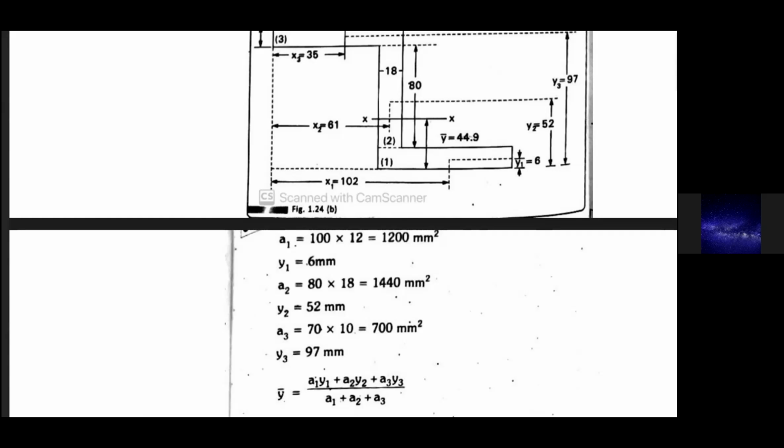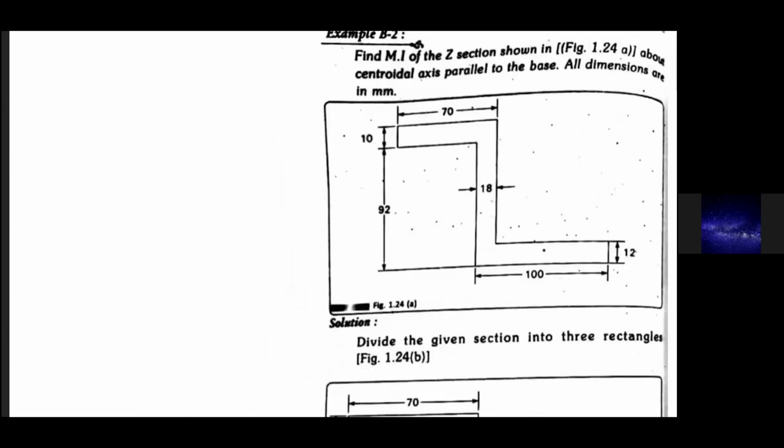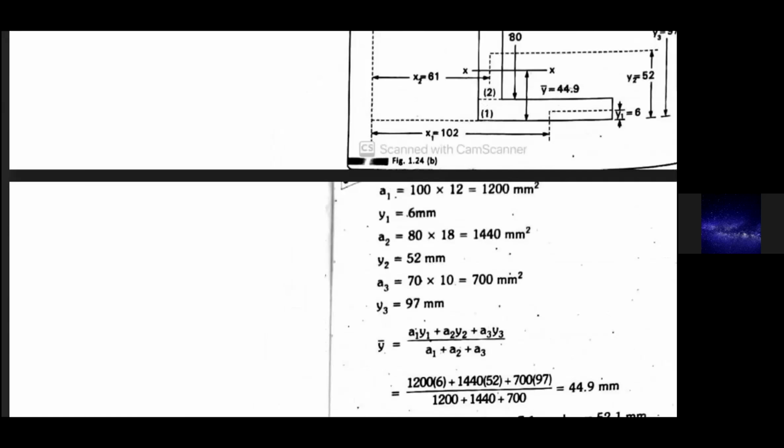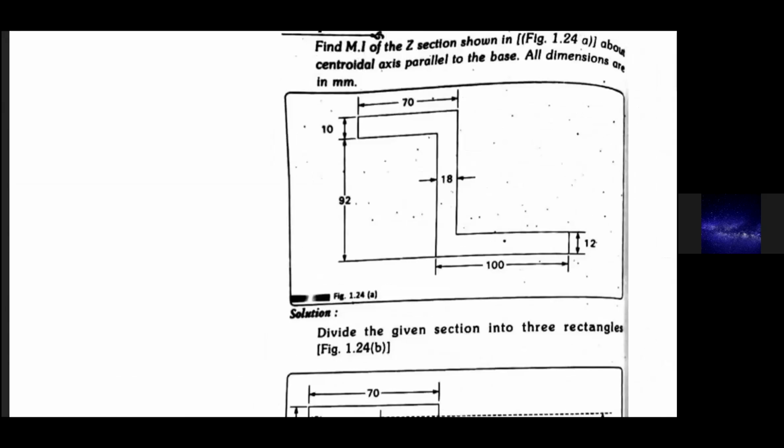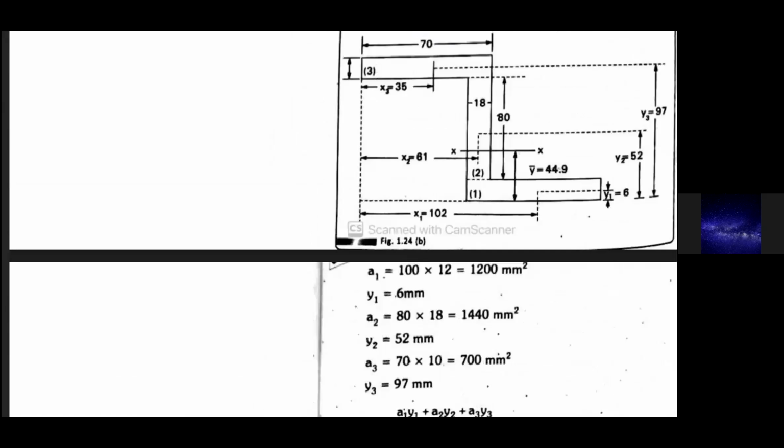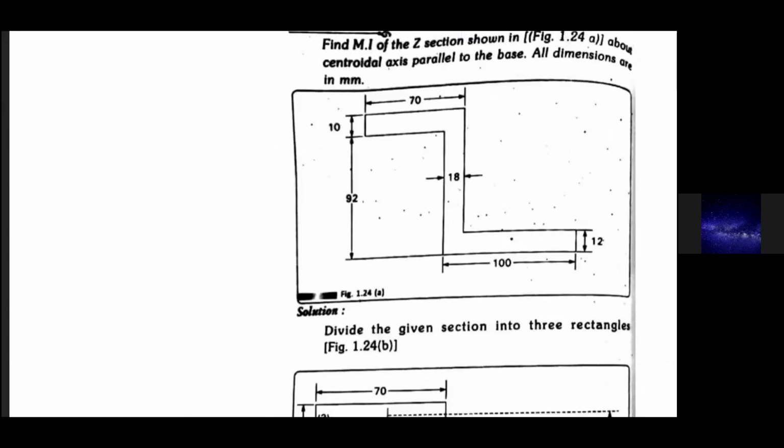So y1 from the base is half of 12, that is 6. Y2 is half of 80, that is 40 plus 12, 52. Next, y3 is half of 10, that is 5 plus 92, 97.